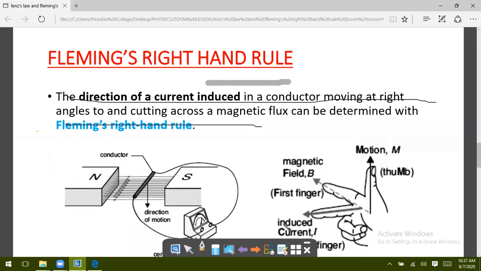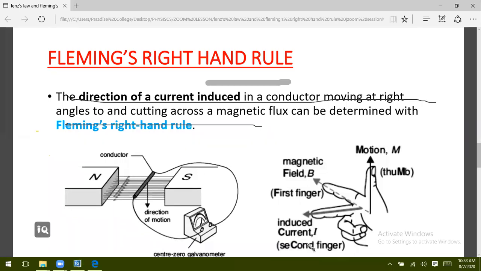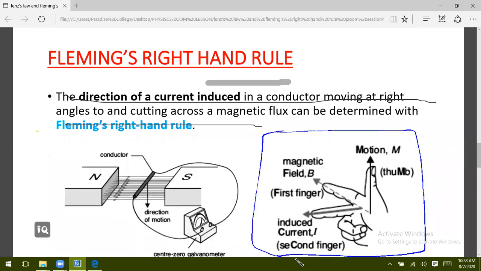Now take a look at your right hand, hold up your right hand, and there is a diagram given down here. Can you see this? Yes. All right. In our previous discussion of Fleming's left-hand rule, the thumb gives you the force direction. Do you remember that? Force direction.